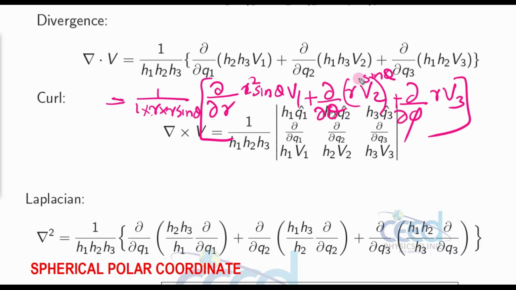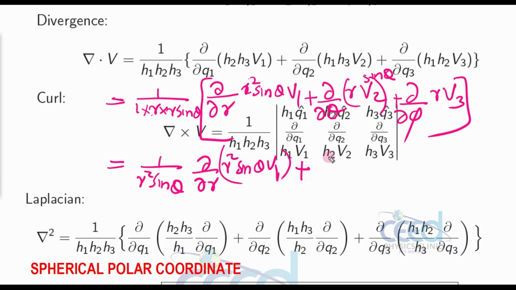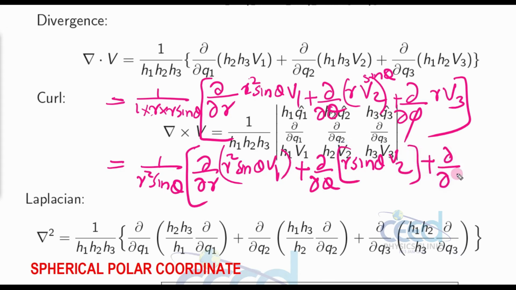So that is 1 by r square sin theta. I can multiply dou by dou r of r square sin theta v1, plus dou by dou theta of r sin theta v2. Okay, so this is common, r sin theta v2, plus dou by dou phi of r v3.